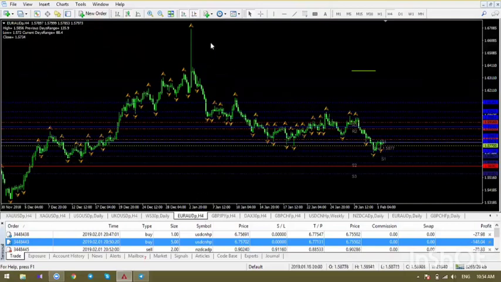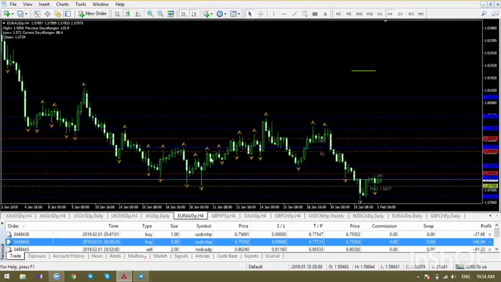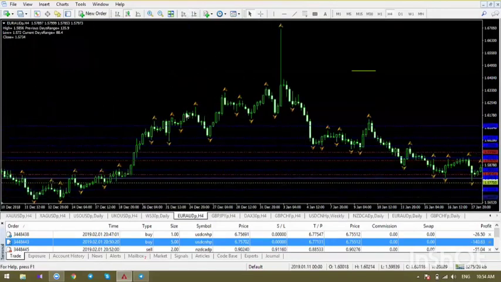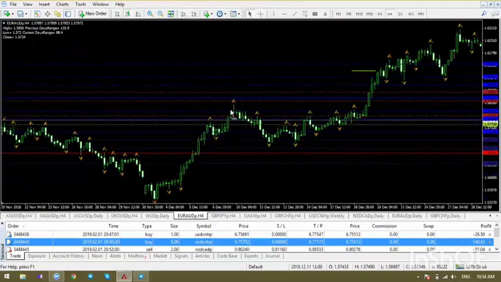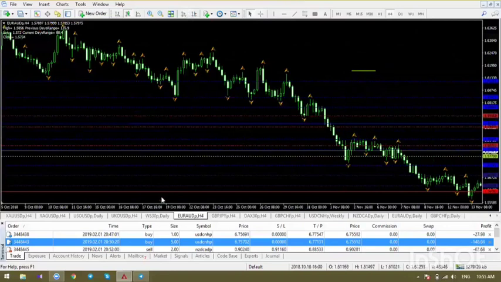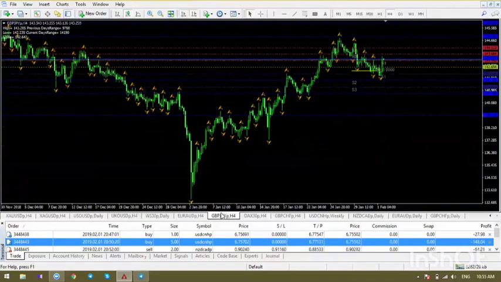And another example, you see we have a swing high here, we have another one here. It has caused an upward movement. But the reversal candlestick, let me find a reversal candlestick.